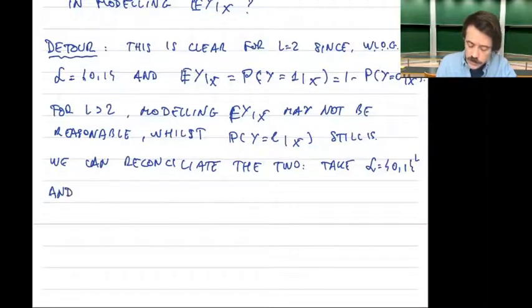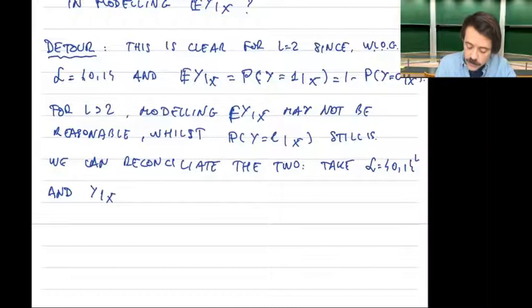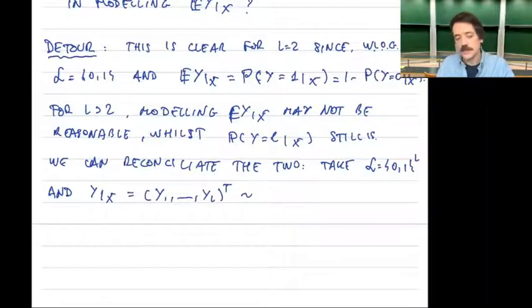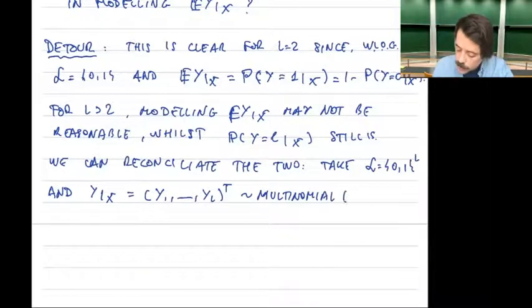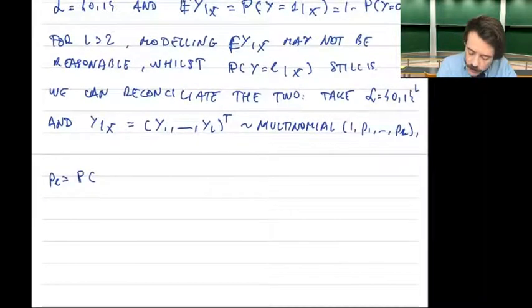With this choice, we're also going to take y given x to be a vector, of course, of zeros and ones and of length capital L. And now the key is that this is going to be viewed as following a multinomial distribution, with parameters 1, P1 to PL, where the PL now is going to be the probability of YL, so the L coordinate, being 1 rather than 0. So we have the two options.